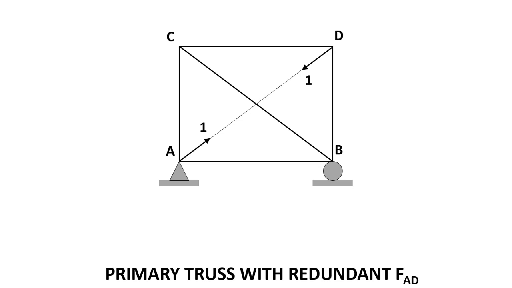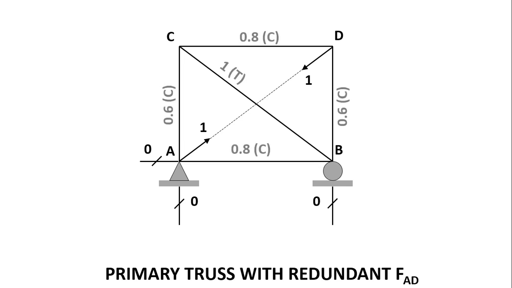So therefore, by summation of forces, magkukontra yung dalawang yan, wala kang ma-induce na reaction dito sa mga supports. Pero magkakaroon ng bar forces yung mga members. These are as follows. This can be done using method of joints and method of sections.